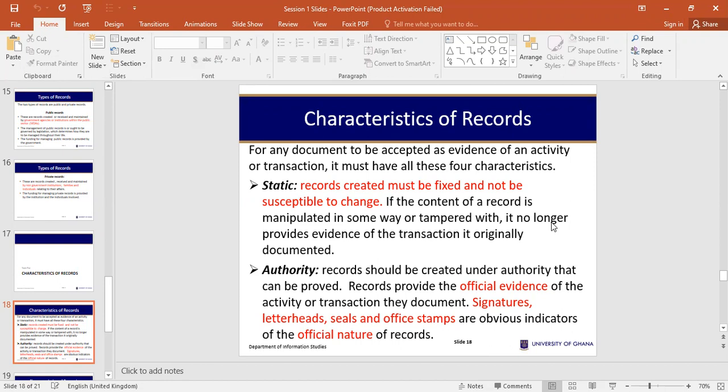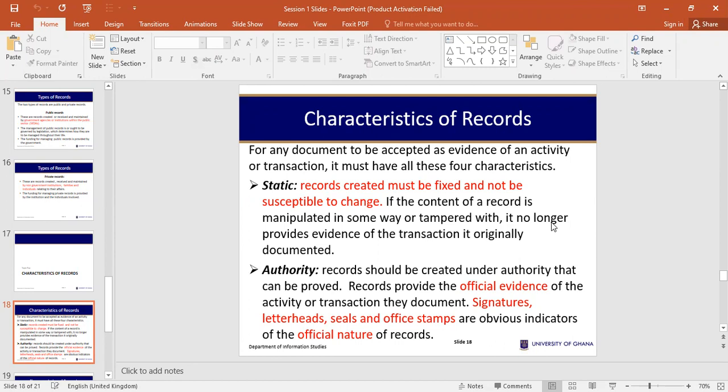The university doesn't even keep any hard copy to make duplicates for you. And how do you prove that this is a genuine University of Ghana certificate? You can always make reference to the university. So when you present a copy of your certificate to an employer, that institution that wants to employ you, know that they can make reference to the university for confirmation that the certificate you presented is genuine. It's not a fake one. So, authority.